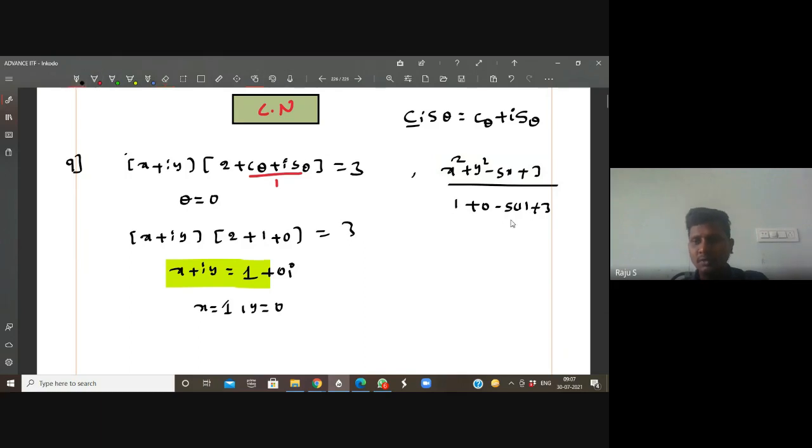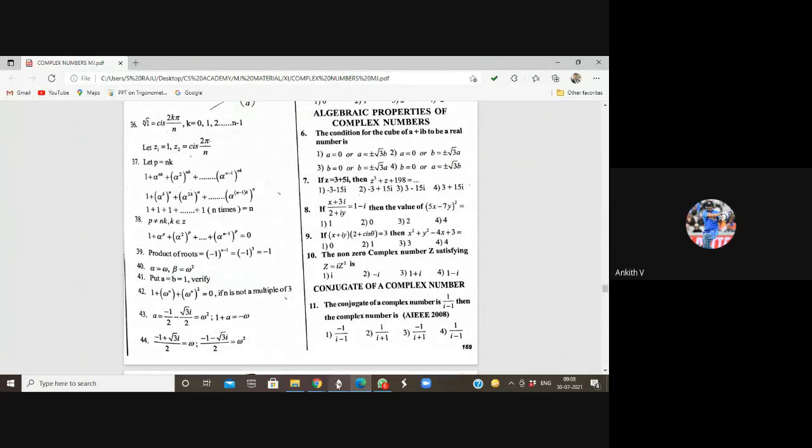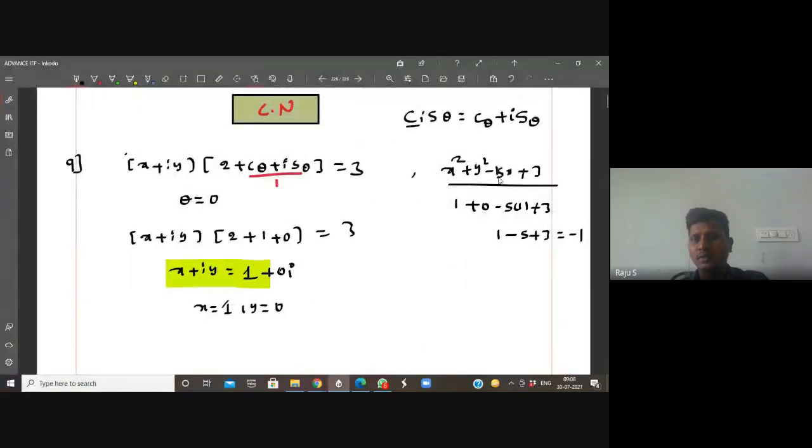This is equal to what? 1 minus 5 plus 3, that is equal to minus 1. Is there any minus 1 option? No, no option. Sir, actually the question is x square plus y square minus 4x, sir. You wrote 5x. Sorry, it is minus 4. Minus 4 means the answer will be 0.